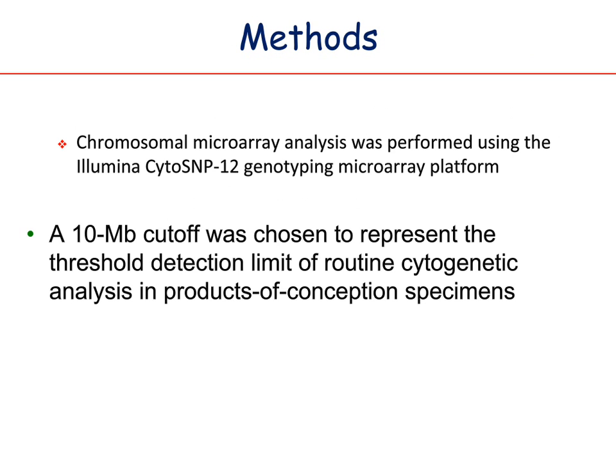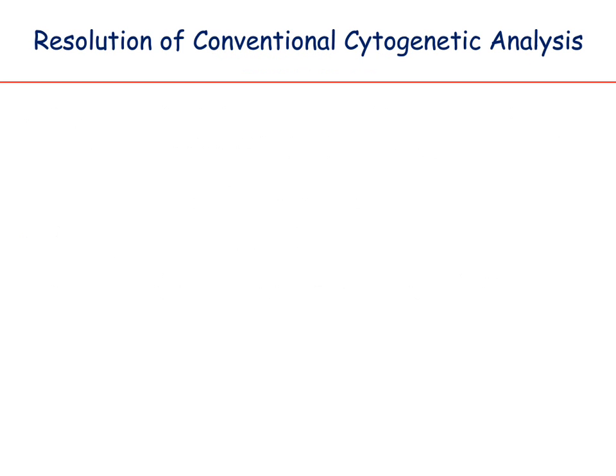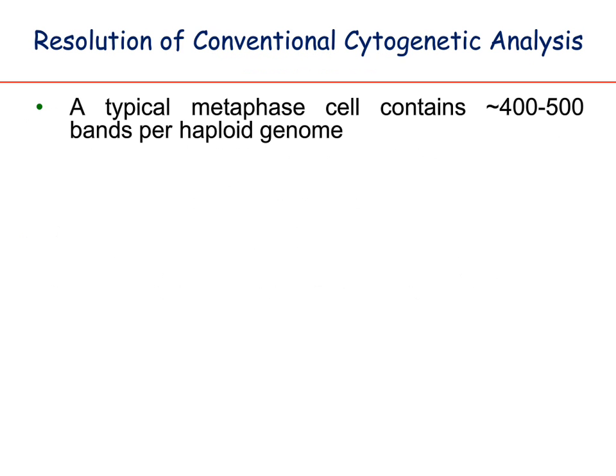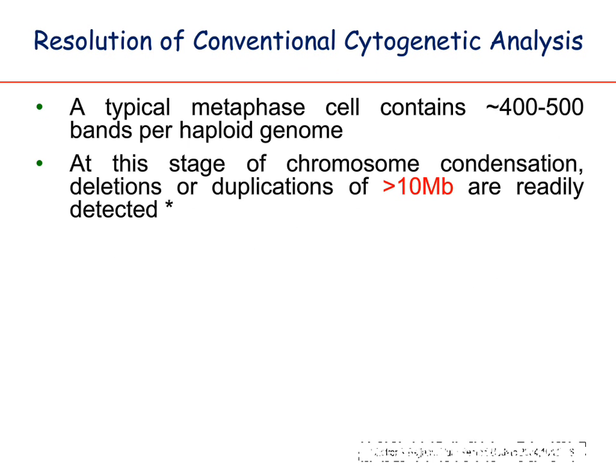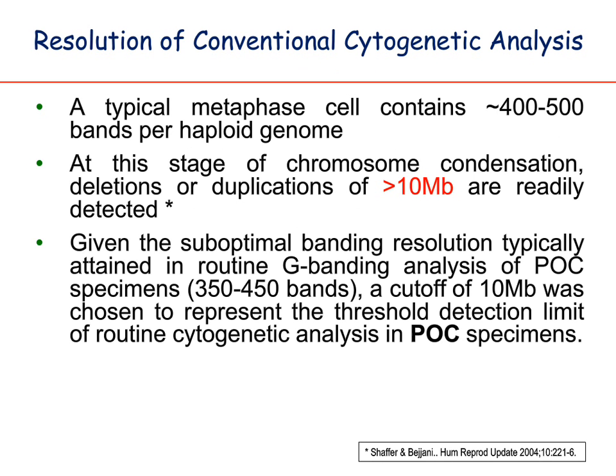We chose a 10 megabase cutoff to represent the threshold detection limit of routine cytogenetic analysis in POCs. The reason we did that is because a typical metaphase cell contains about 400 to 500 bands per haploid genome, and at this stage of chromosome condensation, deletions or duplications that are greater than 10 megabases are readily detected. So we know that in studies of miscarriages and in some prenatal specimens, banding resolution is quite an issue.